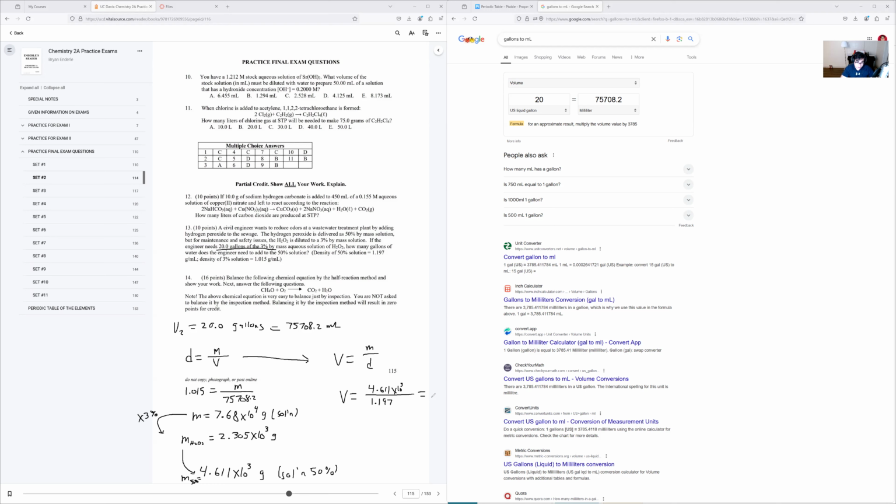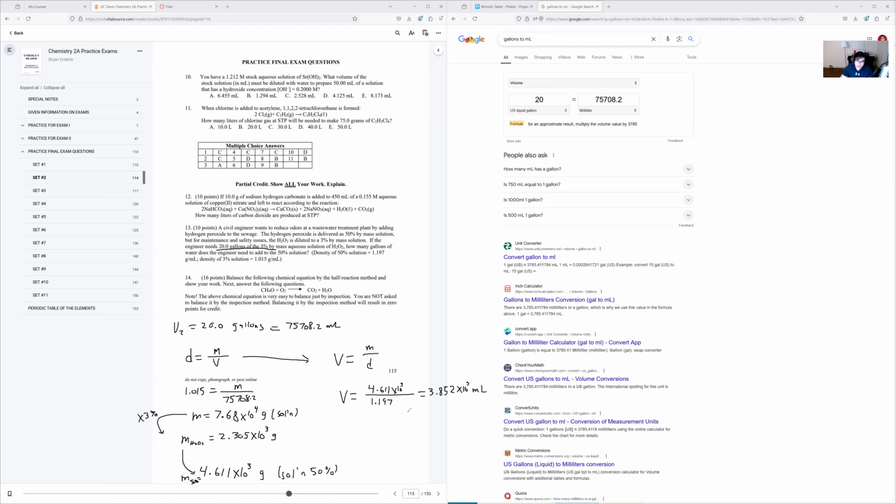And then we get 3.852 times 10 to the third milliliters. So we're almost done here, right? So that's how much volume we need of the original solution, the 50%, to get the correct mass to get a 3% by mass solution of hydrogen peroxide.